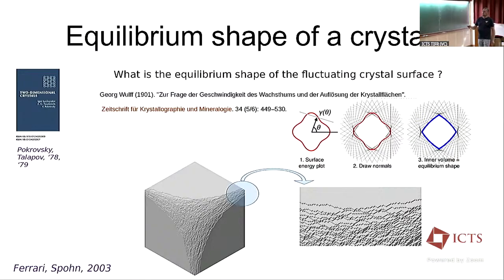It essentially goes like drawing a perpendicular line to each direction at a distance proportional to the surface tension, and considering the envelope of all such lines as one changes the direction.